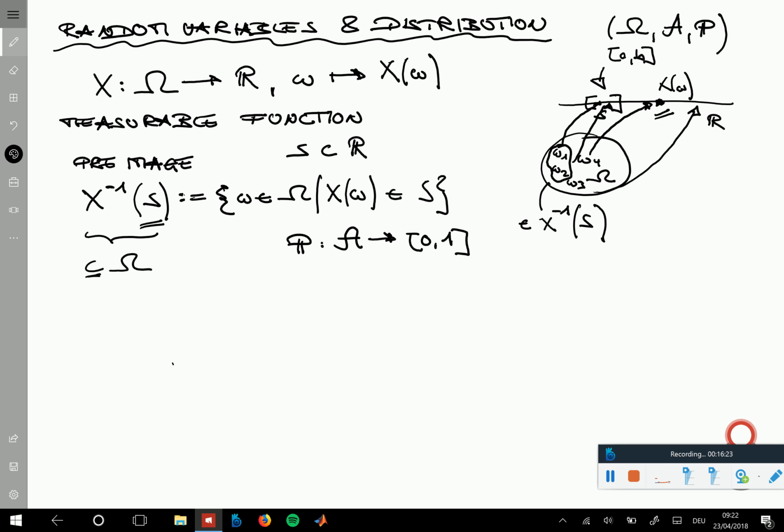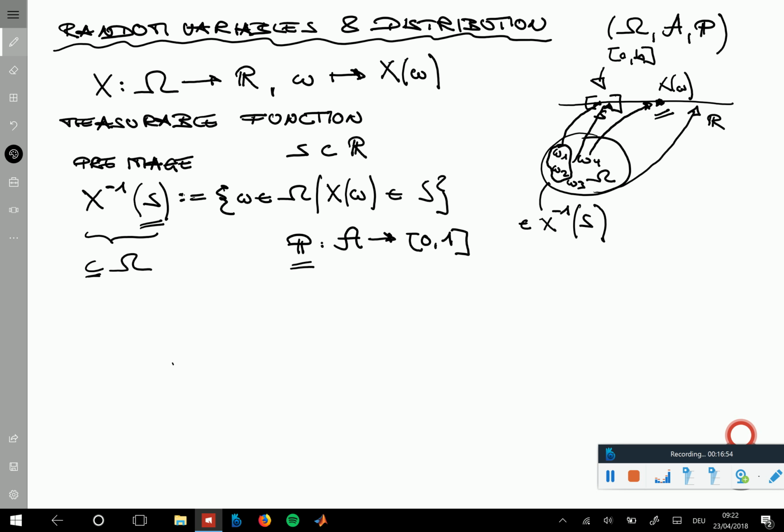Now, what we actually want to do is to assign a probability measure to these preimages of random variables. Yeah, so these preimages, they are subsets of omega. We have a probability measure that assigns probabilities to subsets of omega. So let's maybe assign a probability to preimages of our random variable.